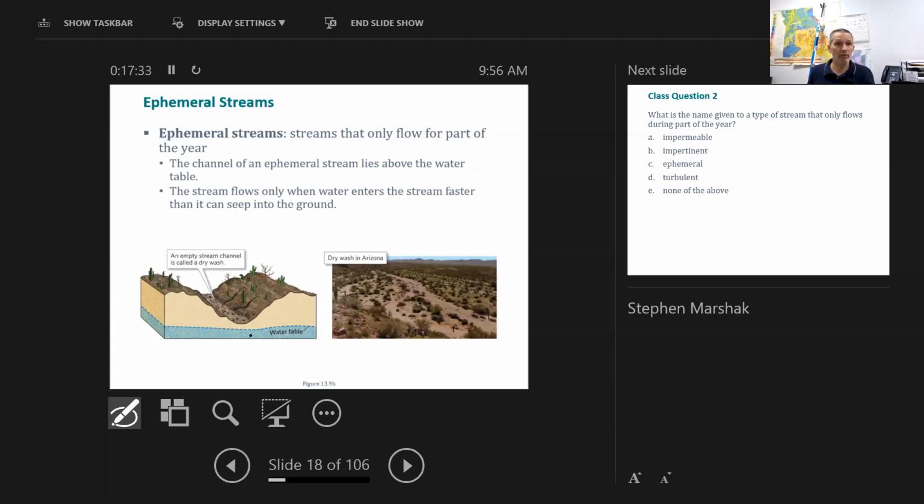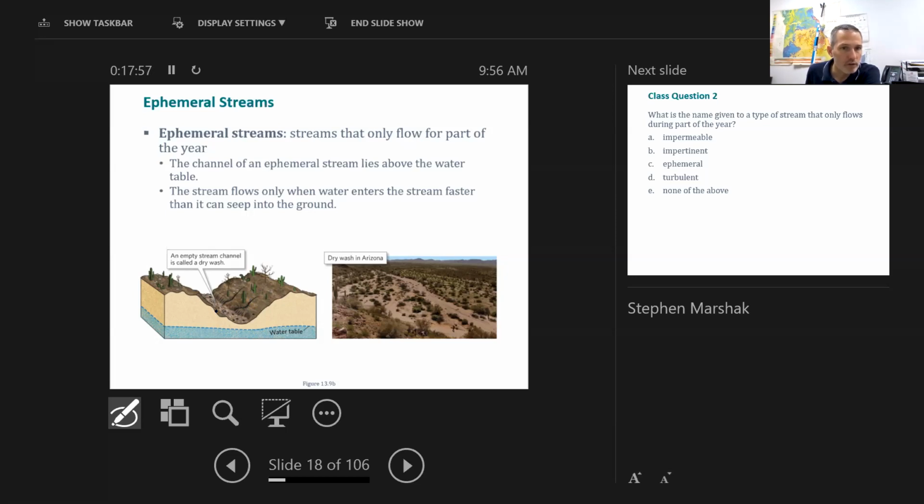Maybe after a heavy rainfall you have some water in these areas, or in the spring when you have more rainfall, it'll be there. But then in the summertime, the water table can lower and these rivers will dry out. In places like Arizona, we call these things washes or arroyos.